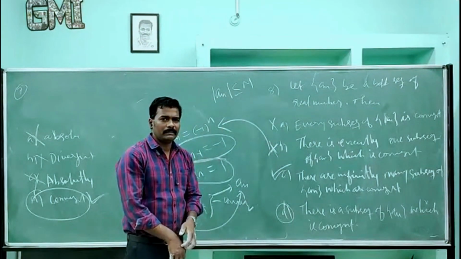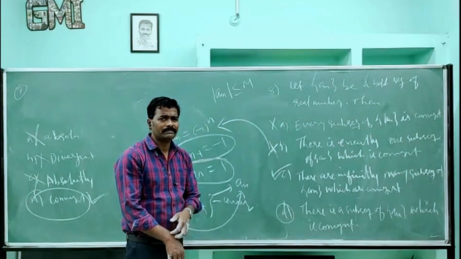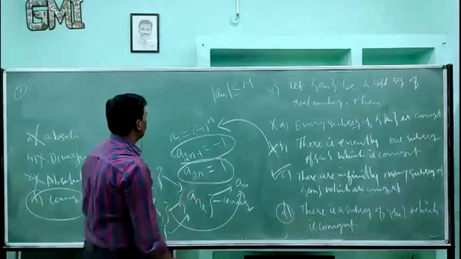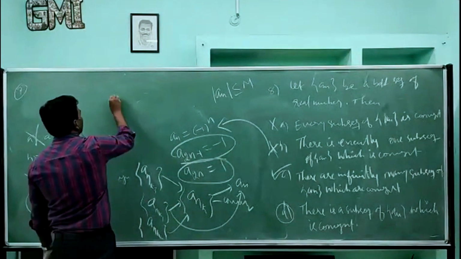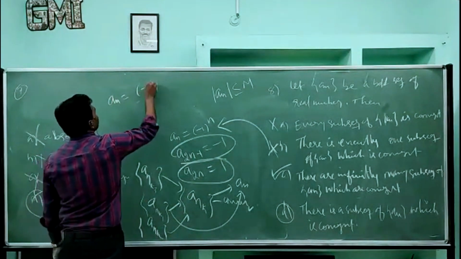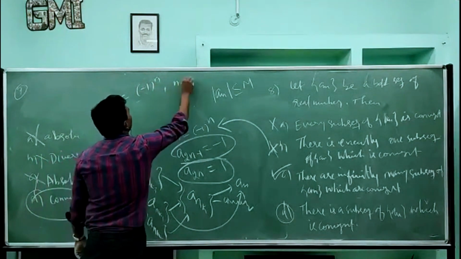So, is every subsequence of a_n convergent? Not necessarily. Why? I can define a_n equal to (-1)^n when n is not a prime, and 0 when n is a prime.